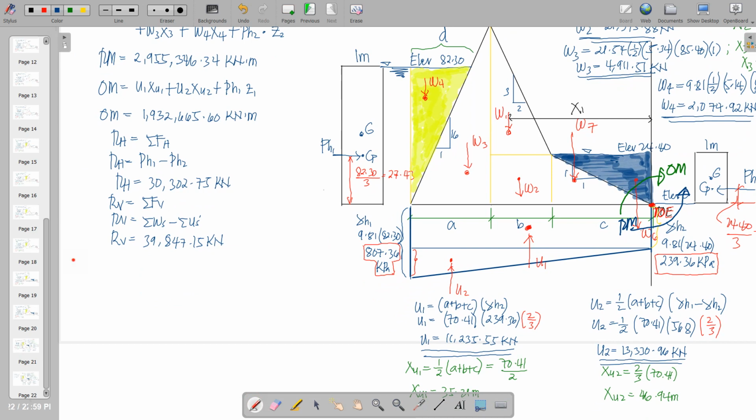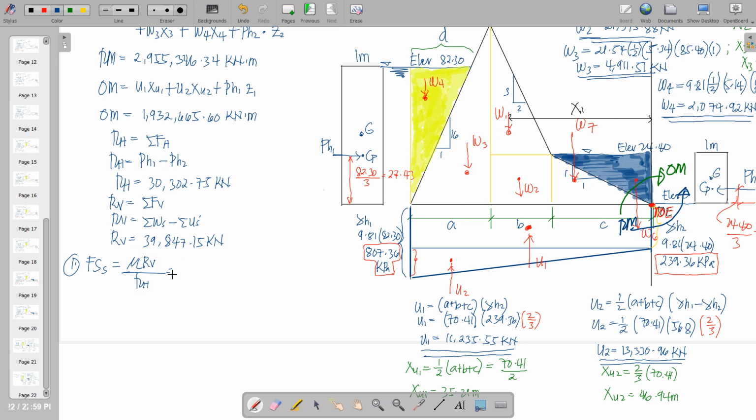Okay. So next is to compute the first unknown. We can now compute the factor of safety against sliding, and that is mu RV all over RH.